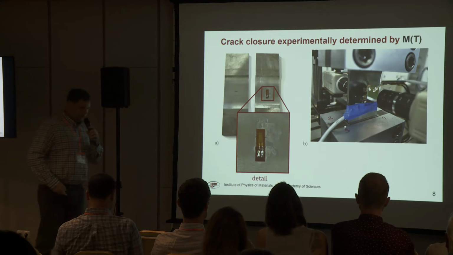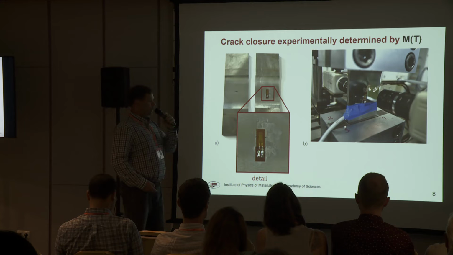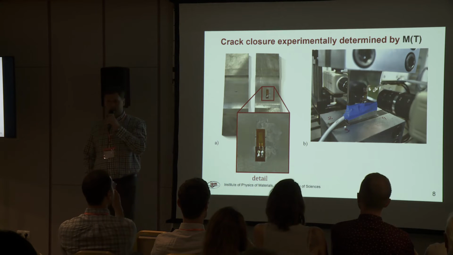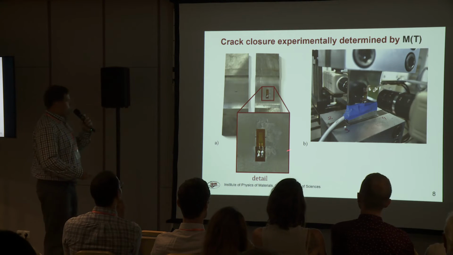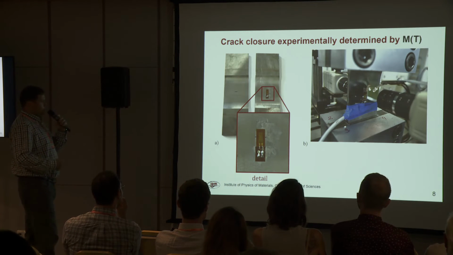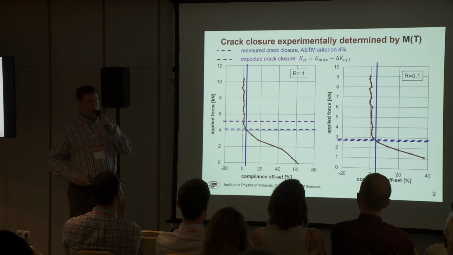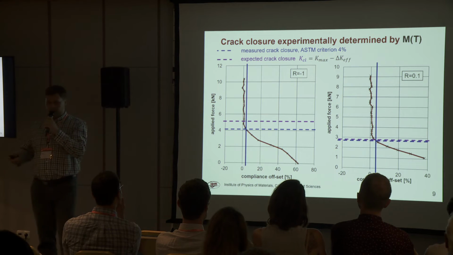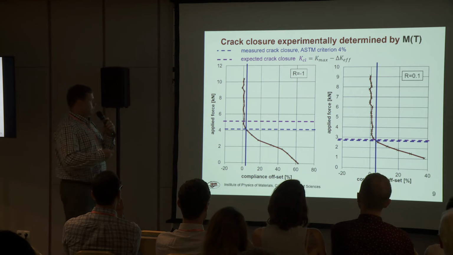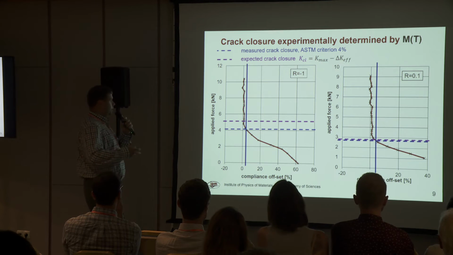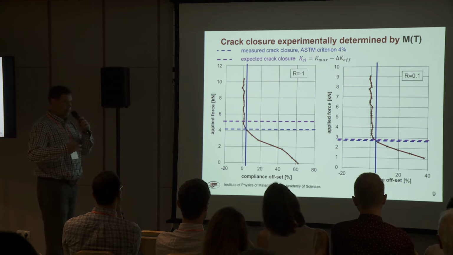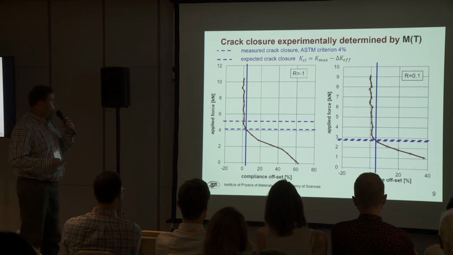Here, I would like to show you some experimental results obtained on middle tension specimens, where we glued a strain gauge over the central notch and investigated the compliance data. Here you can see two graphs, which are just representative graphs. The same experiments were carried out on approximately 70 other specimens.